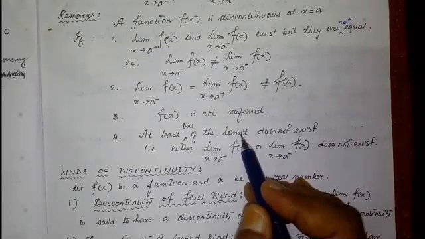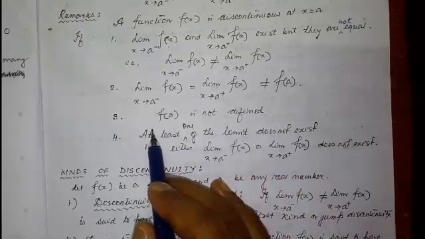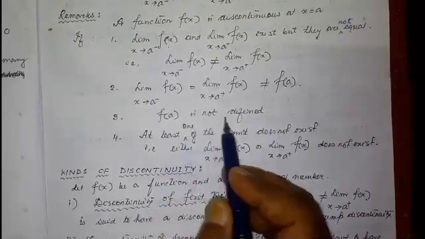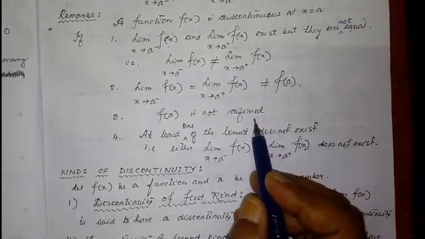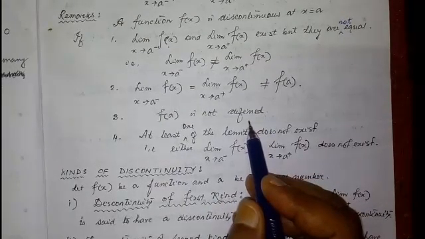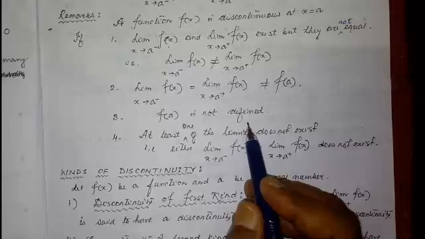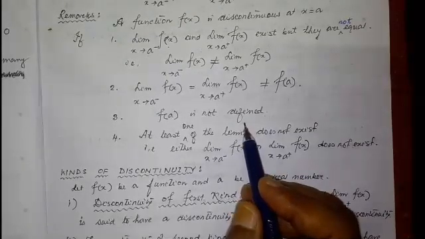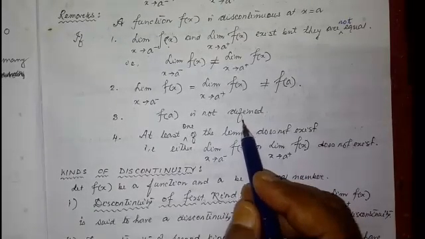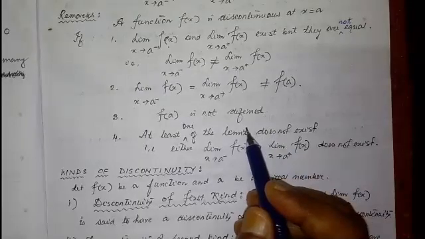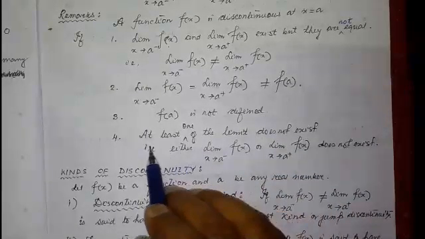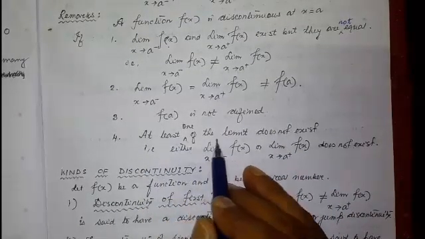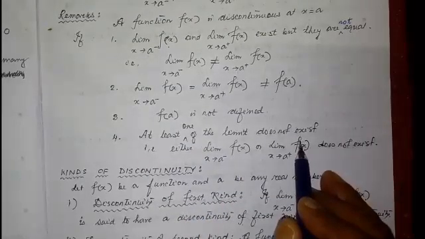Now the third condition: f(a) is not defined. That is, when we try to find the value of the function at the point x = a, it is undefined. Fourth, at least one of the limits does not exist.